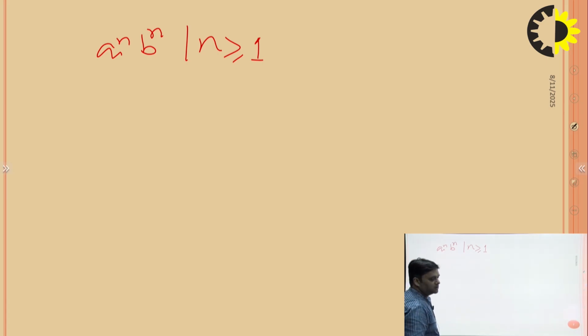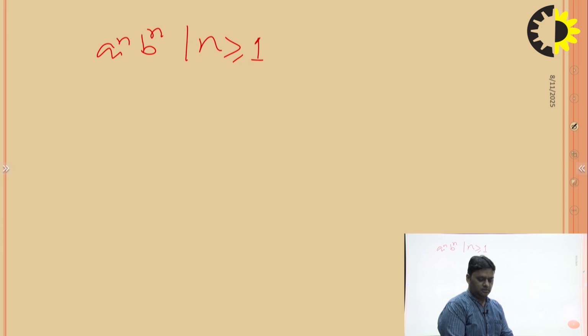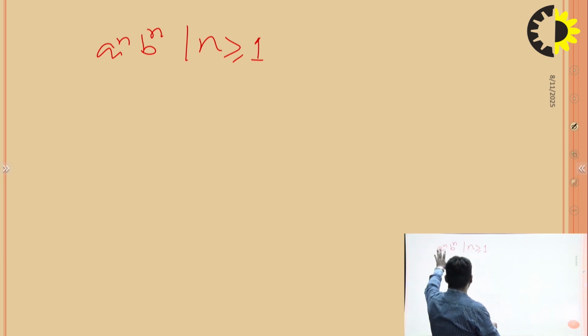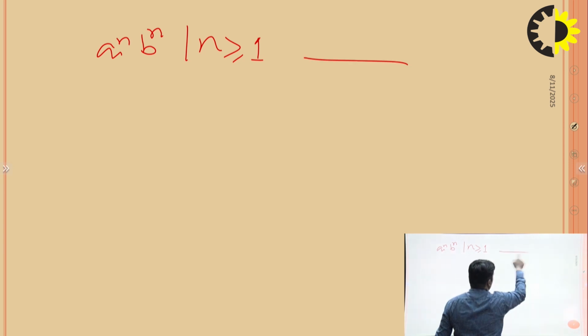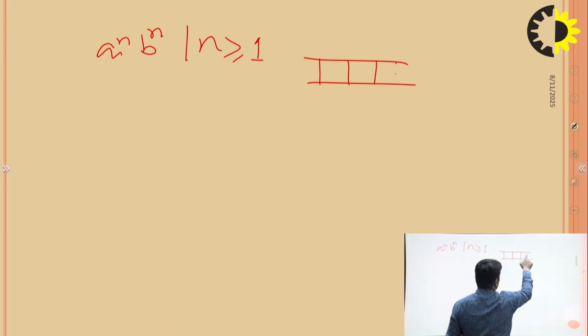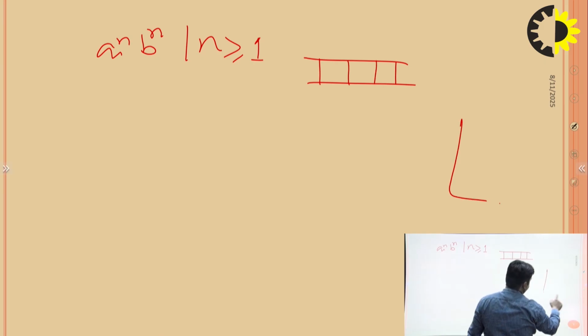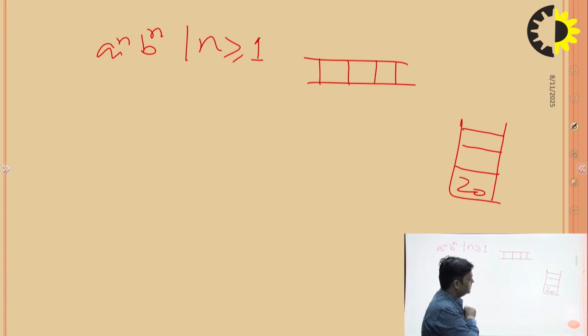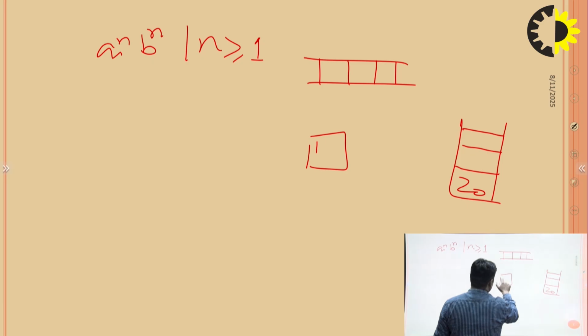Here we take this example. This is the input tape. This is a stack, and this is finite control.